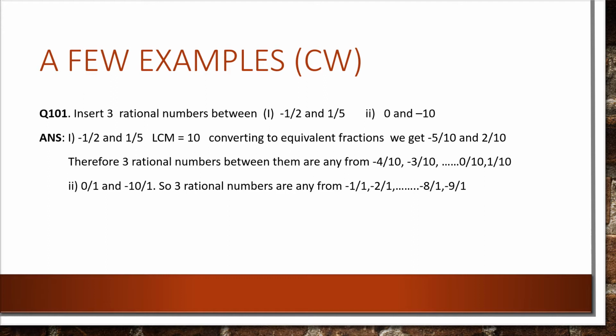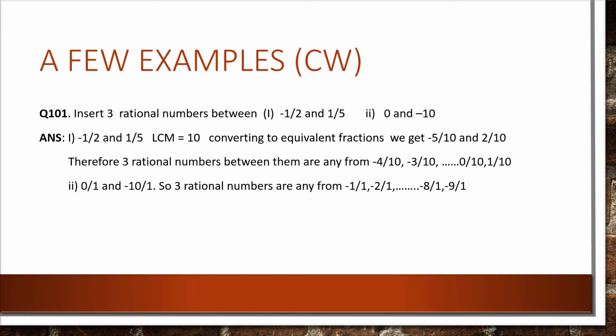Whereas 1/5 is equal to 2/10. So we now have the rational numbers -5/10 and 2/10. Now just look here. The denominators are same. The difference lies only in the numerators. It's -5 in one and 2 in the other.